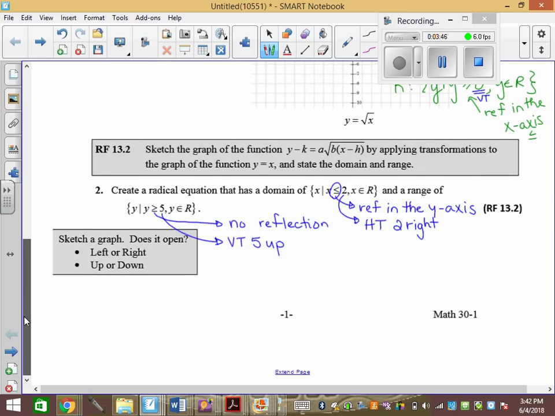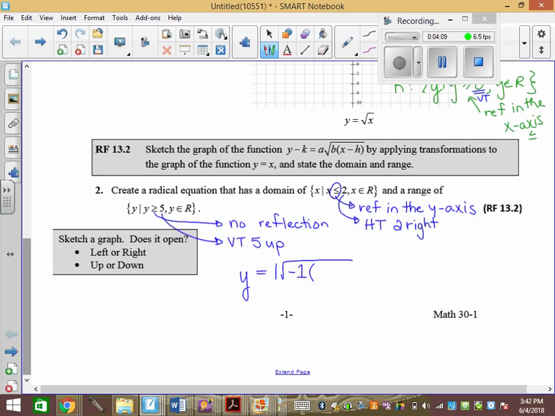So when I go to write my equation, I'm going to get y, I'll put it in that form in a second, y equals a. My a doesn't change, so it would just be a 1. I don't have a vertical stretch or a reflection, so I don't even have to write the 1, but I'm going to. And then my b is just -1 because I don't have a stretch.